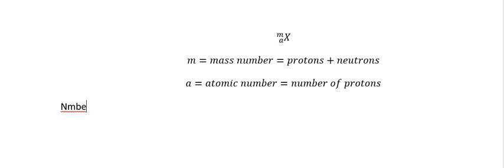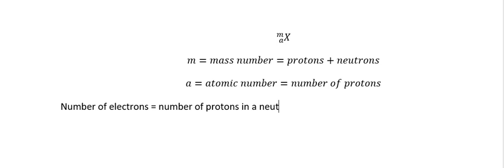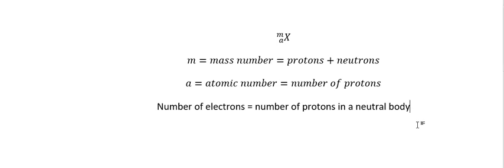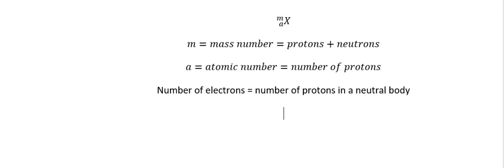How do we get electrons? The number of electrons is equal to the number of protons in a neutral body. When we say neutral, it means that you don't have any charge, you have not gained electrons or lost electrons.